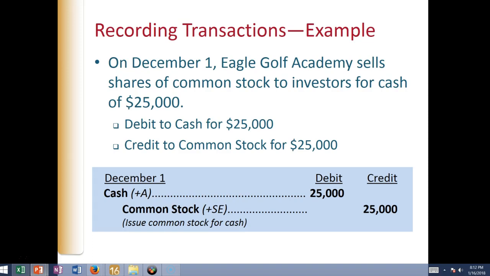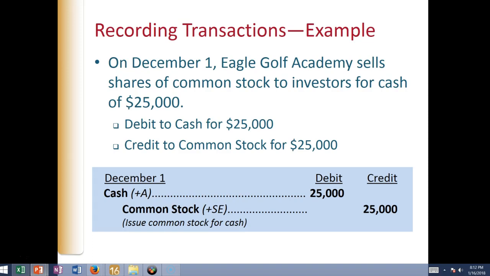Remember, there's 2 sides to every accounting. Cash goes up. But cash goes up because we got new investors, our owners. And what else is going to go up? Stockholders' equity is going up because we have owners that have invested in the company.